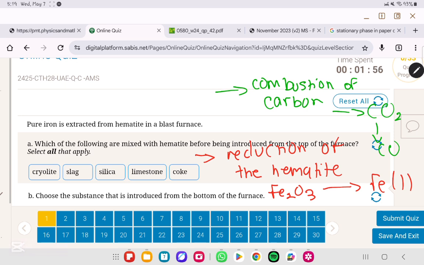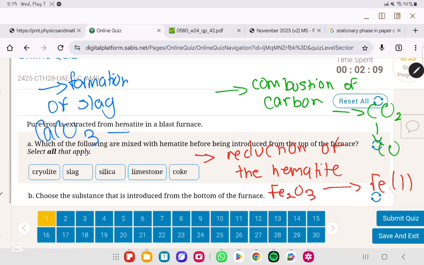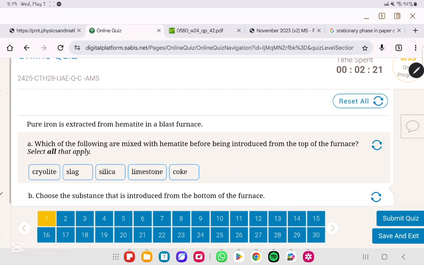So now we will have liquid or molten iron. And then the last and final step is the formation of slag. What happens? We have CaCO3, it will decompose to form CaO, and then CaO will react with SiO2 to form CaSiO3. This is slag, and slag is always a liquid.